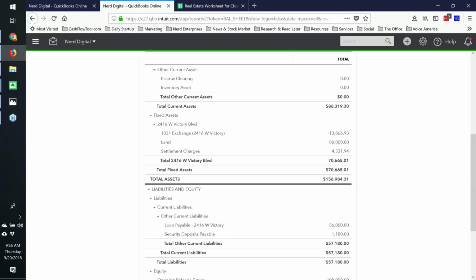Look, learning real estate accounting takes at least 6 to 10 hours, and that's assuming you're at an advanced level and you understand bank reconciliations, checks, and all that stuff. So if you're watching this live, you're probably an accountant already or a QuickBooks ProAdvisor. If you're watching this on YouTube, a lot of this stuff is going to go over your head just because it takes a while to learn. None of these things can be learned overnight. I think some folks have unrealistic expectations of how long it takes.